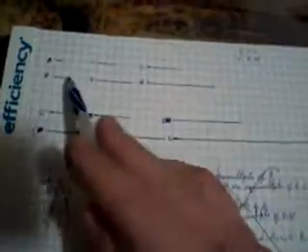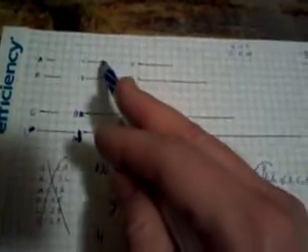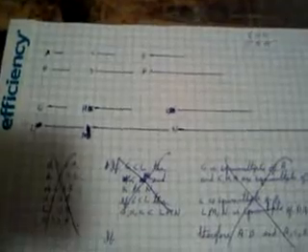Therefore, as A is to B, so are A, C, and E to B, D, and F. This is the same proportion here as it is here, as it is here. And that's what he's trying to say. He goes into a long-winded explanation, but that's exactly what he's trying to say.